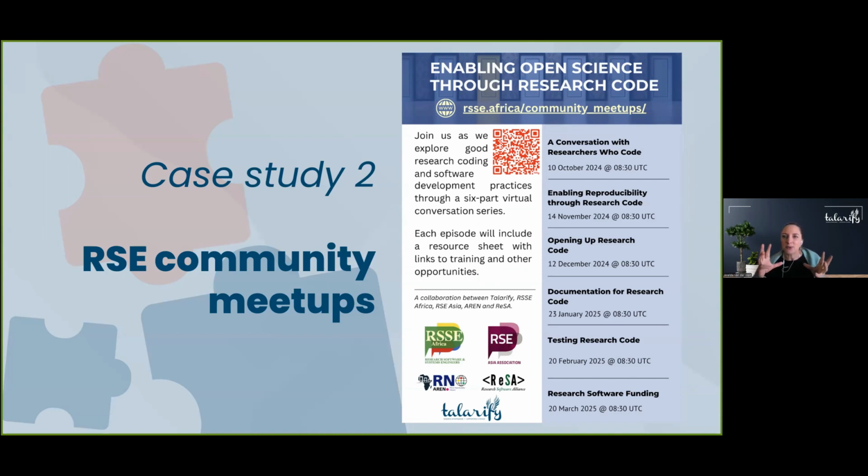So this was a collaboration between RSSE Africa, the research software and systems engineering community of Africa, and RSE Asia to run events where we could bring together our communities to talk about research software engineering concepts, practices and principles.